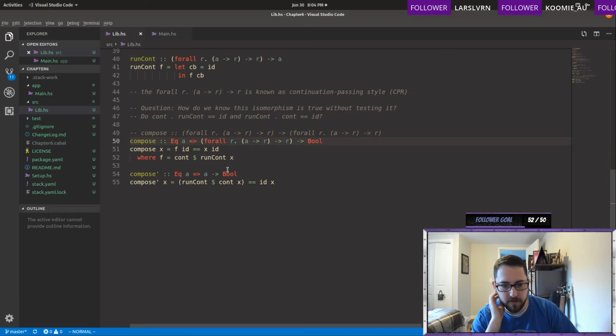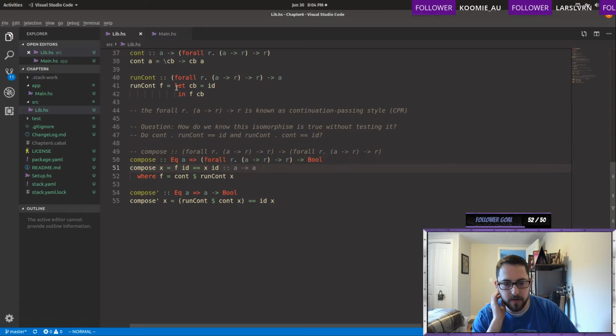I feel like somehow we're cheating, but I don't know how. But we're explicitly saying in run continuation that this callback here is id, so it seems like I can write id here and be okay.